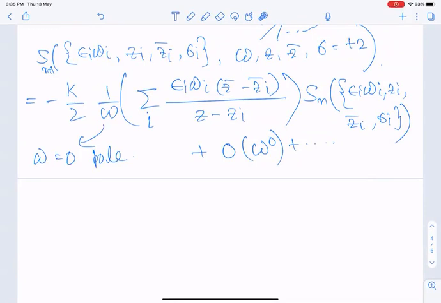So now we can actually isolate this thing. This kappa here is square root 32 pi G Newton.